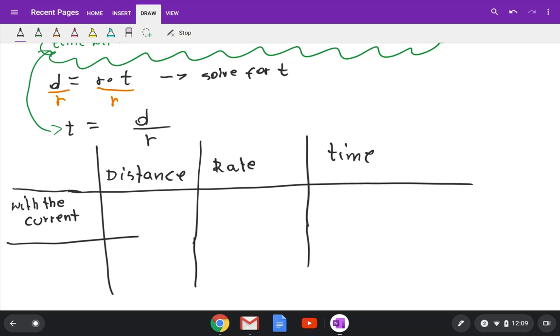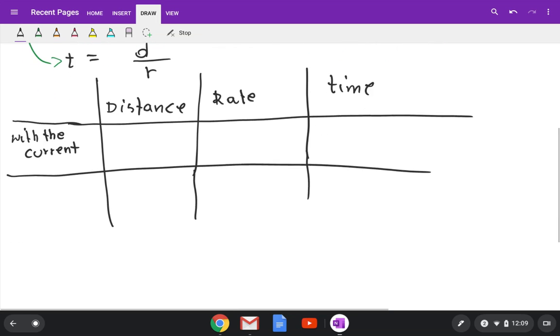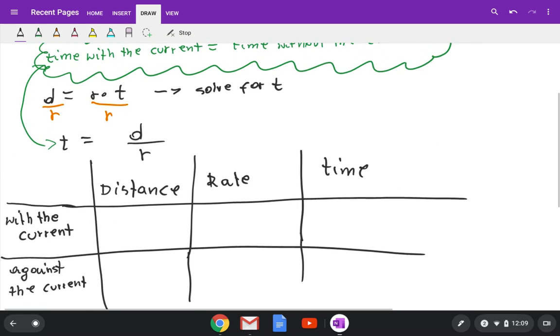The second row of my table will represent the situation when Alison paddles against the current. Okay, so let's start filling in the information.